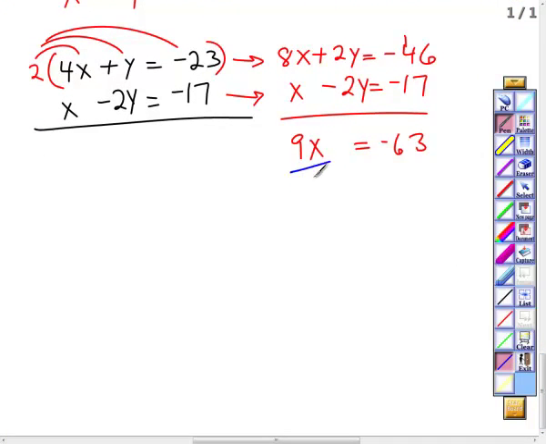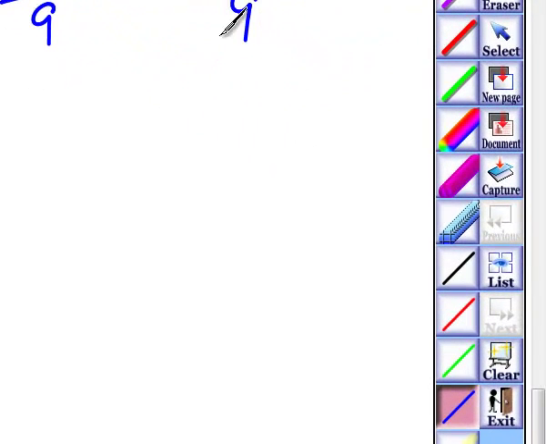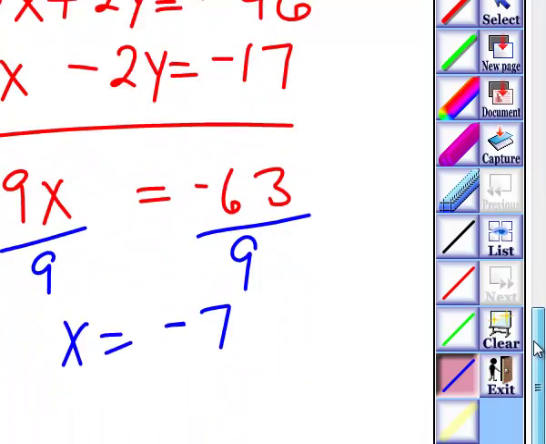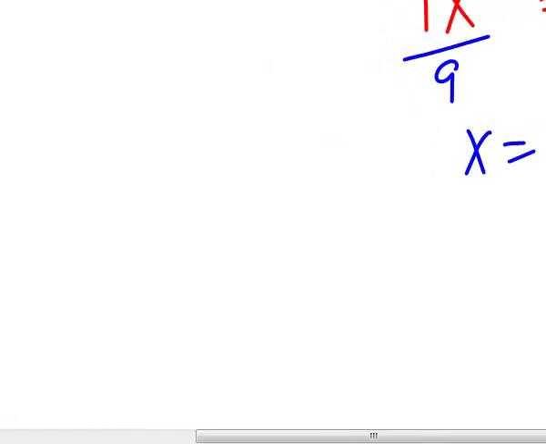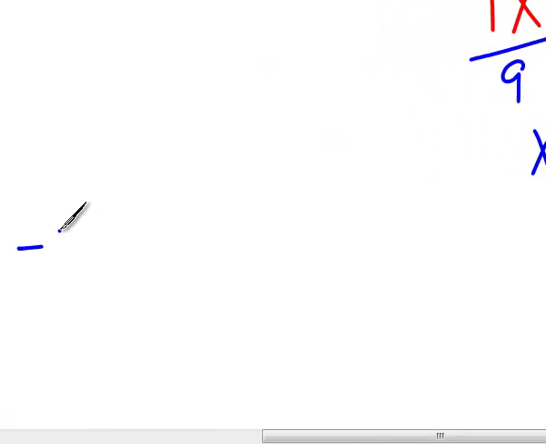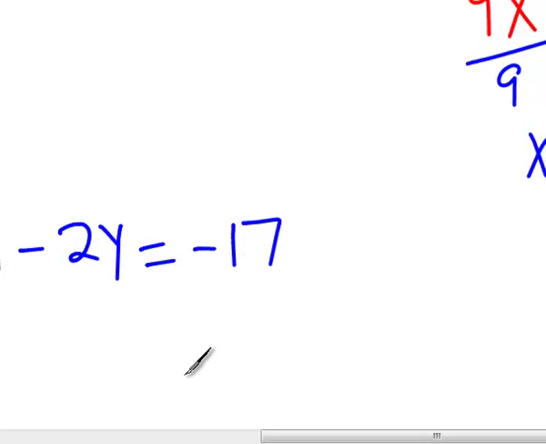And so now we solve for x, and we get x equals what? Negative 7. Okay? And so now you can substitute negative 7 in the first or second equation. Either one, doesn't matter. So I'm going to use the second equation. So this would be negative 7 for x minus 2y equals negative 17.